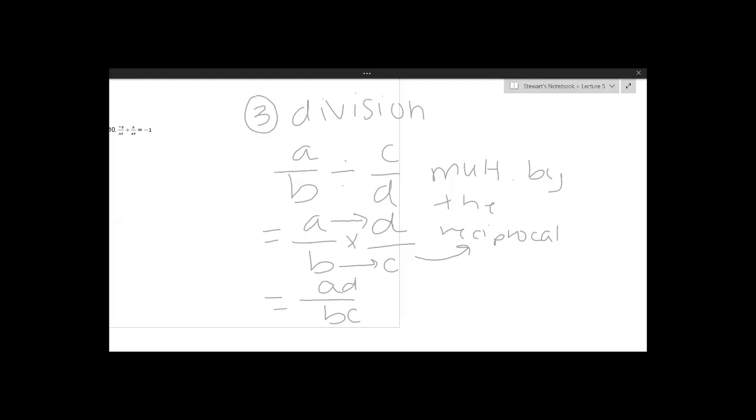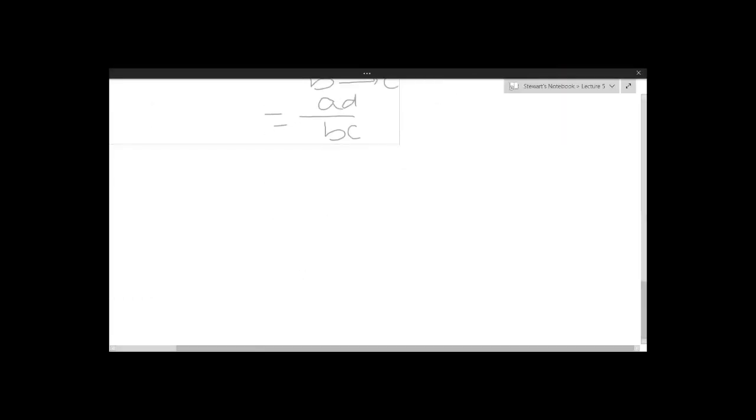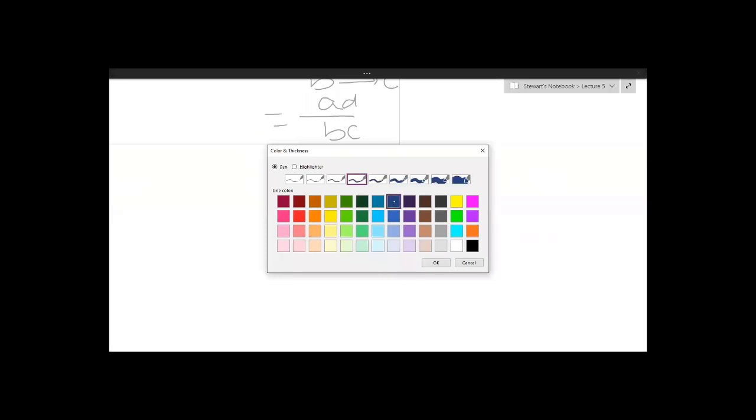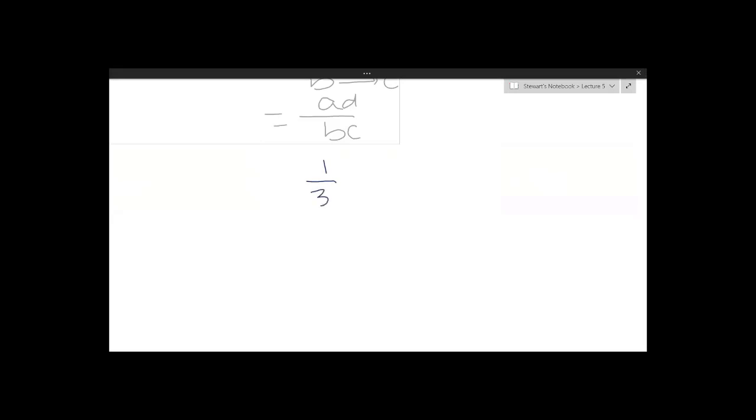And I will show you in a concrete example why that's the case, because you might be thinking, why do you just randomly do it when you divide? Okay, so let's say we have 1/3 divided by 2/5.